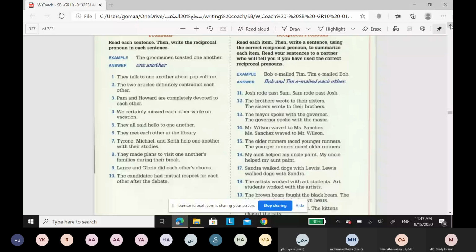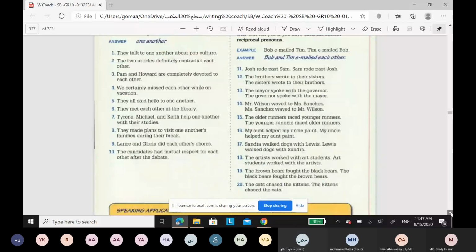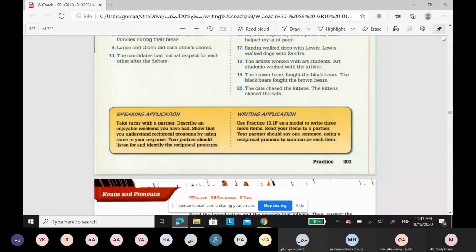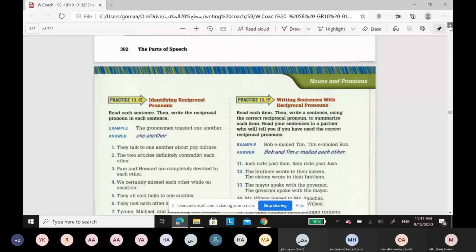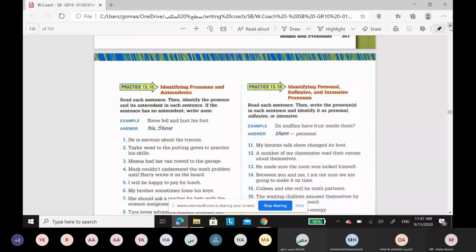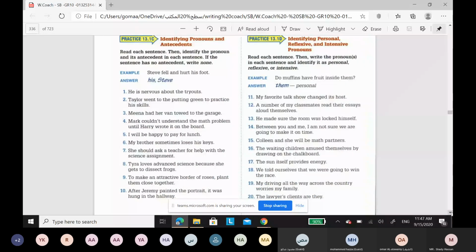So let's skip to page 302 for the people who have the book. If you don't, picture this: I shared the PDF book so you can follow along. Can you see the book now? Yes. Great. Read each sentence, then identify the pronoun and its antecedent.